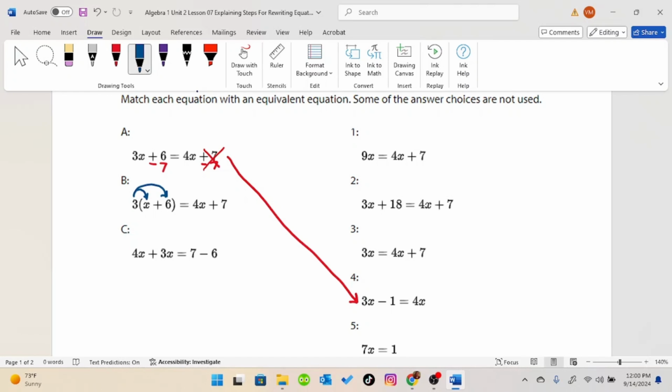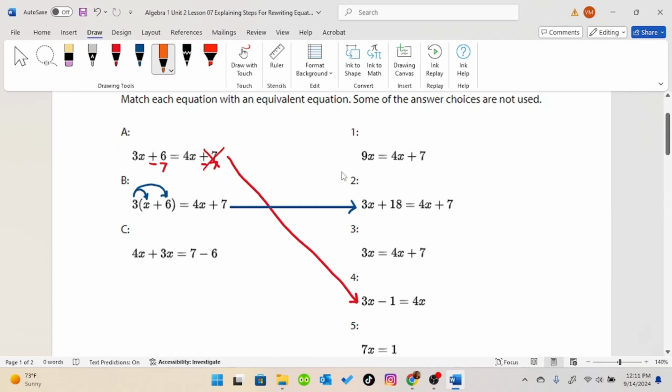I see that in choice 2 and choice 3. 3 times 6 is 18. I see that in choice 2 as well. And then on the right side we have 4x plus 7, which we also have in choice 2. So equation B is equivalent to equation 2.